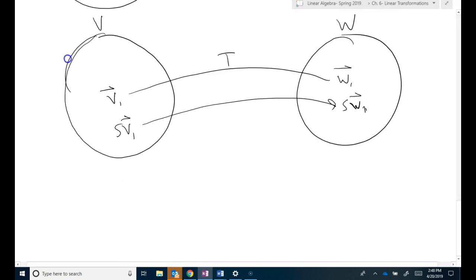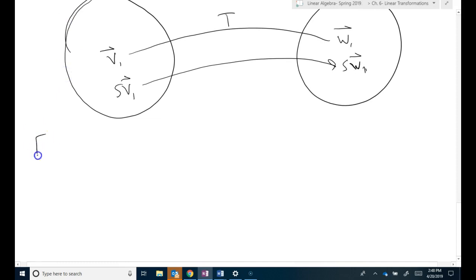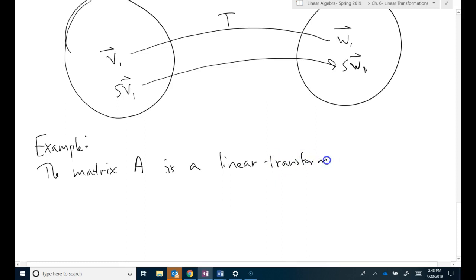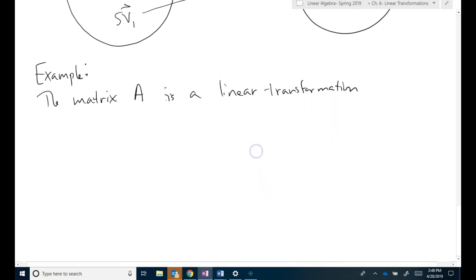All right. So, what kinds of things? Let's take an example of a linear transformation, okay? And so, we're going to say the matrix A, and this is any matrix A, is a linear transformation. We're going to get more involved in this in a little bit, but let's prove it.